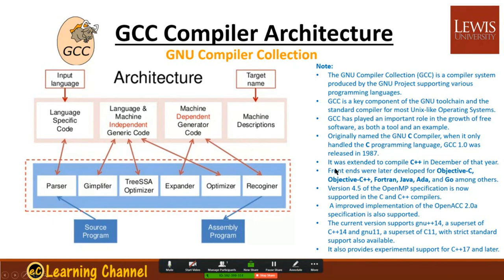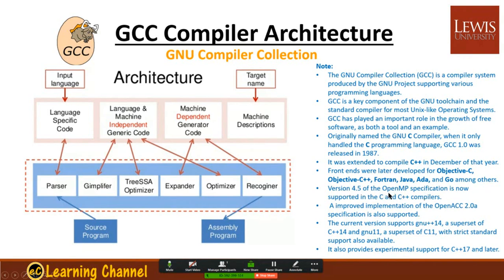It was originally intended to compile C, released in 1987, and is now developed with front ends for Objective-C, C++, Fortran, Java, Ada, Go, and different languages.